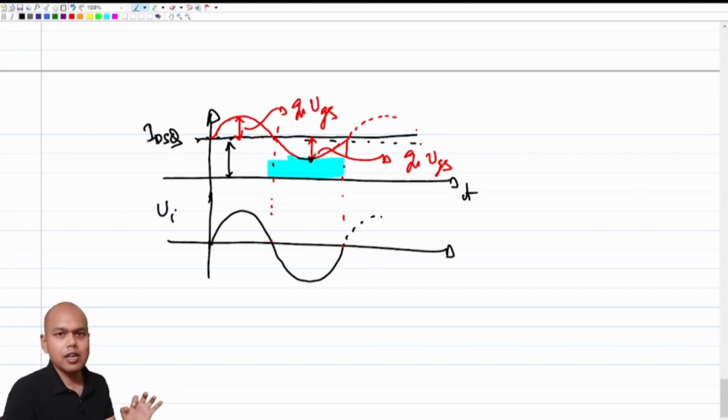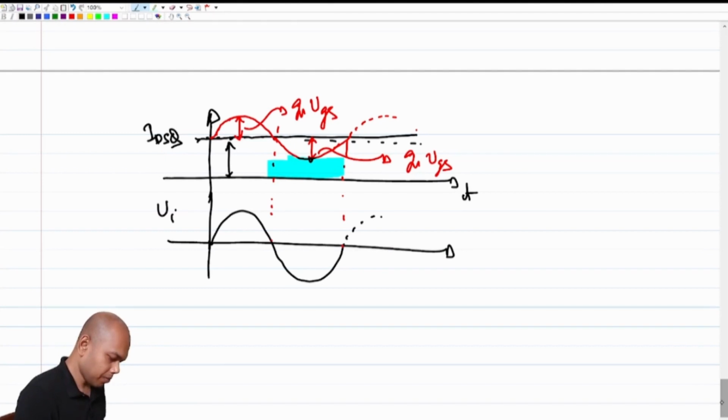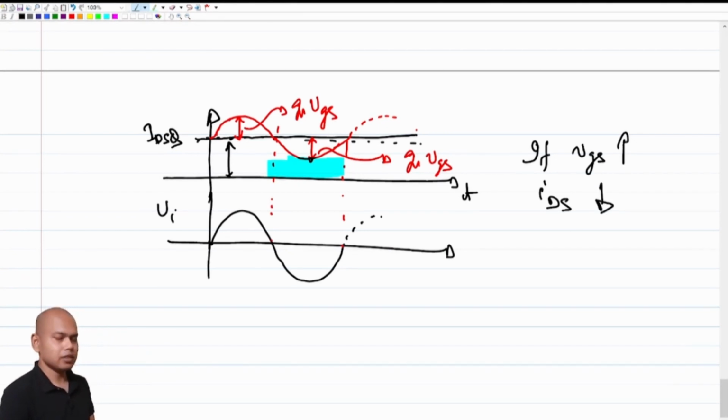The margin can shrink to the level of IDSQ. So if you keep on increasing VGS, you run into the trouble of shutting the transistor down. The problem is that if VGS increases, total IDS decreases.